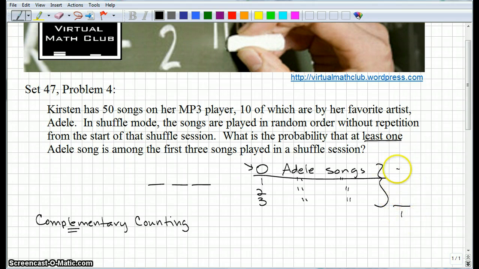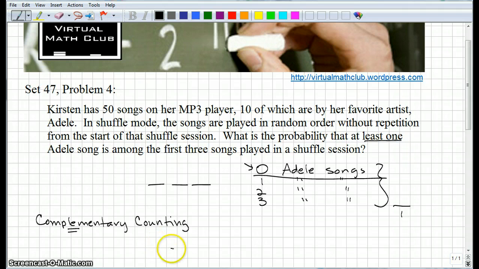We have a 100% chance that there's going to be one of those 4 possibilities. So if we subtract the complement from the whole, then we get what we want. We're essentially counting what we don't want.